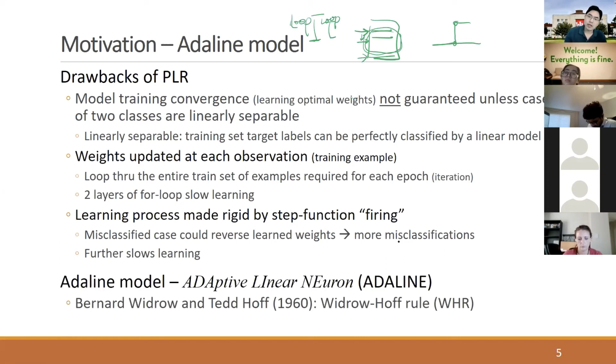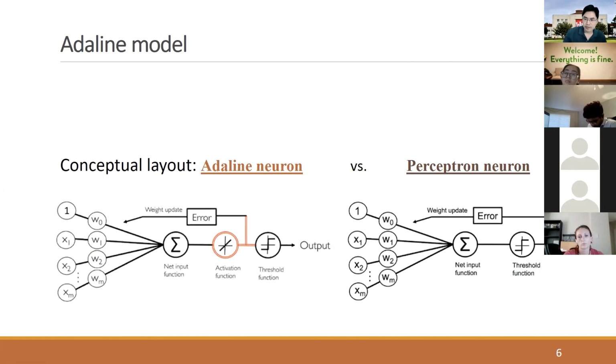And that's where Adeline comes in and solves those problems. It was implemented in the 60s. If you compare the layout, the framework of the two models, the input layers are exactly the same. The net input is exactly the same.